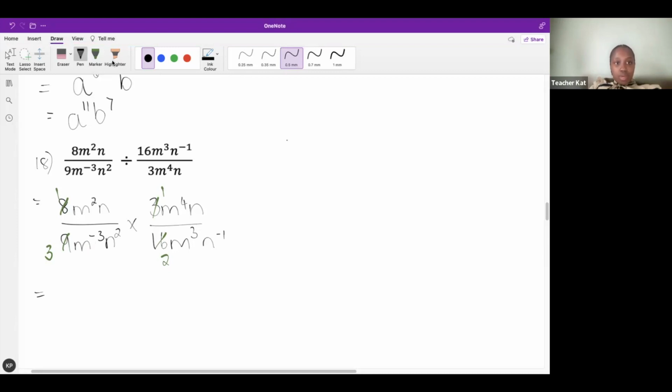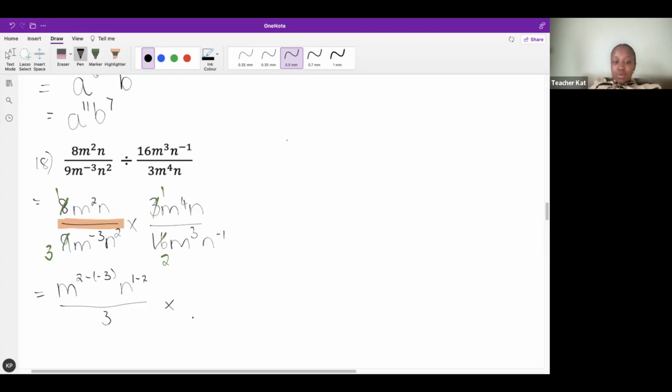So what do we do with the exponents? We minus, okay? So it's going to be m to the power of 2 minus -3 and n to the power of 1 minus 2. This is all still over 3. Remember that 3 that was at the bottom there? Times. Let's work with this divide, okay?